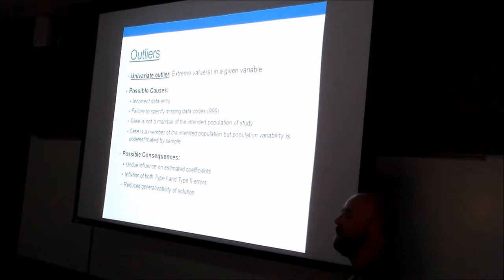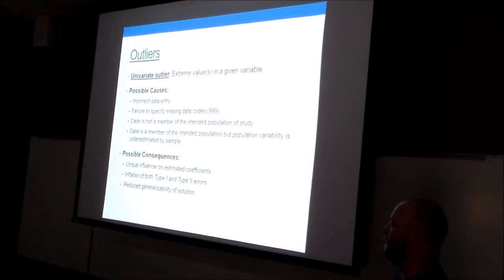In SPSS, something that I do in my lab, because we have research assistants entering data: if someone has not completed an item on a questionnaire, I don't want them to just leave it blank, because then I don't know whether the participant actually left it blank or someone forgot to enter it.